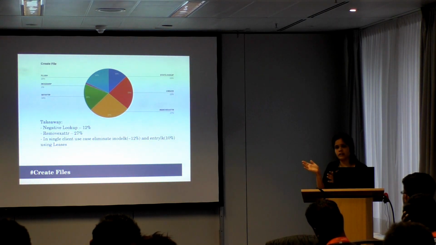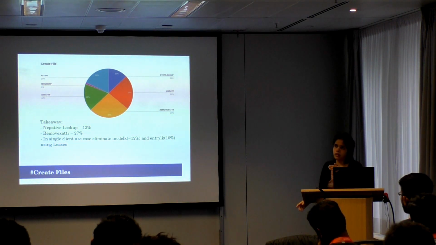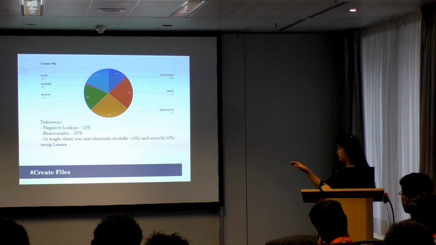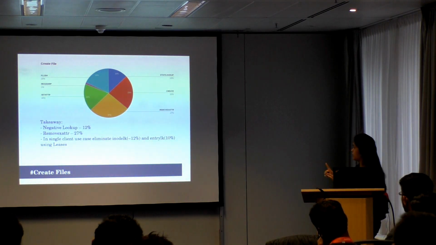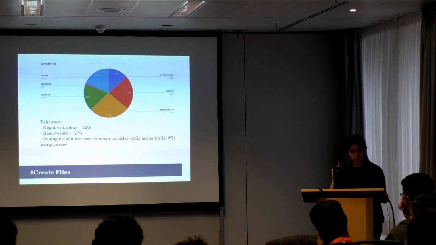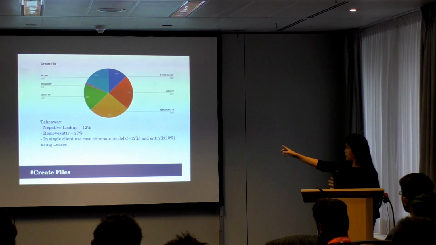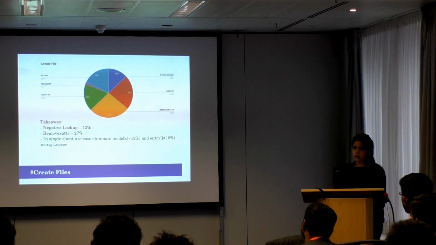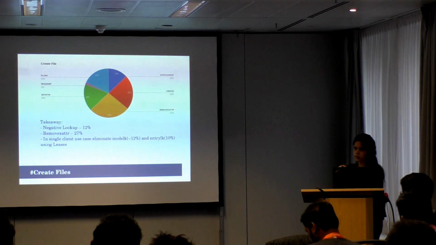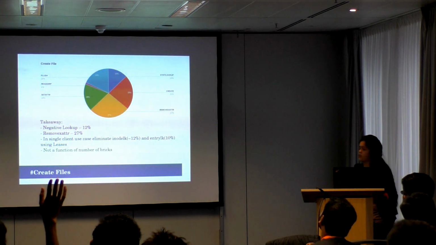You can have the entry LK and inode LK layer loaded on the client side, and if there are leases, synchronization at the client layer is more than enough, and we don't have to send it all the way to the bricks. So if we have a negative lookup caching accelerator on the client side, and leases with inode LK and entry LK on the client side, we can get rid of both. The results look promising. The time it takes is worth the effort we put into implementing those things. And the good thing is it's not a function of the number of bricks.